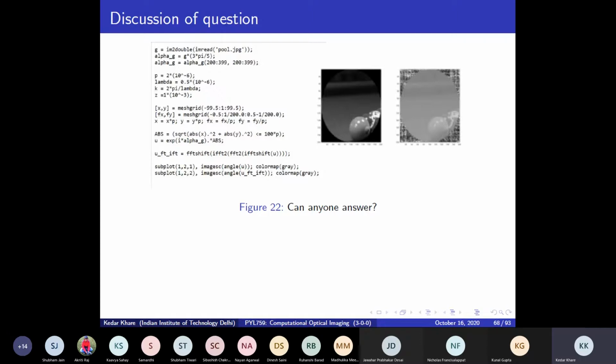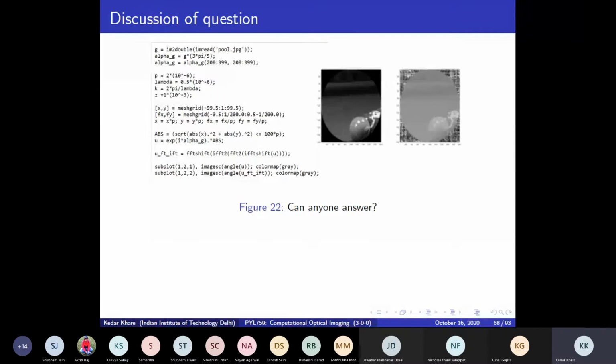IFFT shift and FFT shift are only doing rearrangement of pixels. From the way it is applied here, it is not going to make much difference. You could add IFFT shift and FFT shift in between, but I think the result will be probably similar. So forget about FFT shift, IFFT shift. You can just take FFT2 and then take IFFT2 of the same result, and you will see that the phase of the result is slightly different.